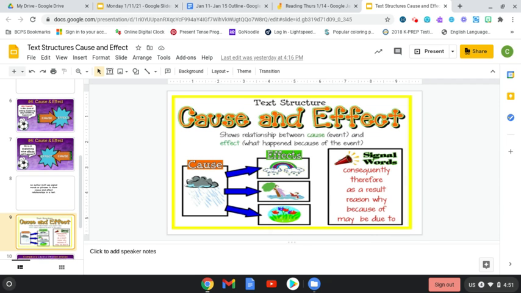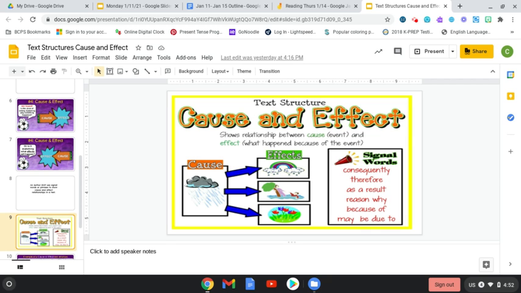So, some signal words that you might see in a text with cause and effect structure are consequently, therefore, as a result, reason why, because of, maybe due to. These words and phrases are the author trying to signal to you that they're going to tell you the cause or the effect of an event.